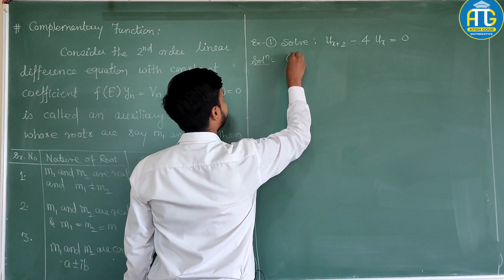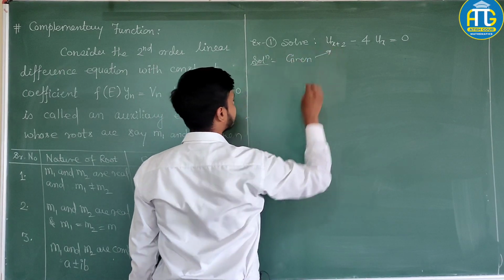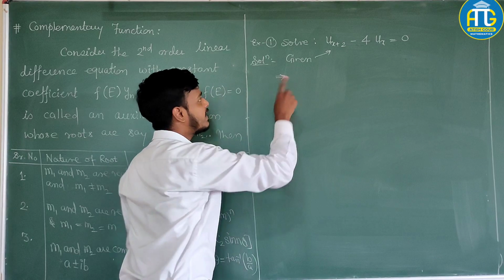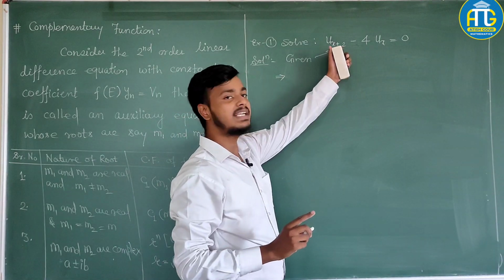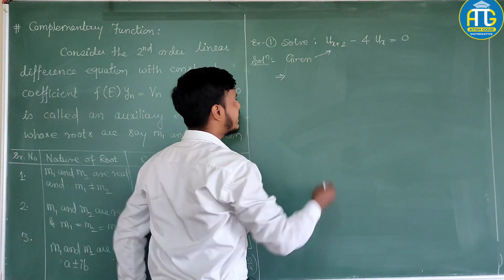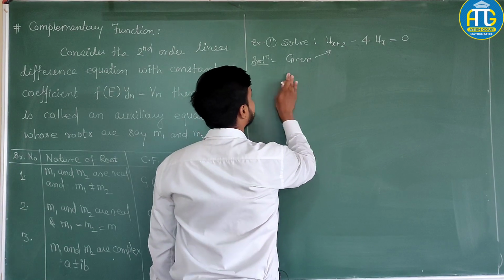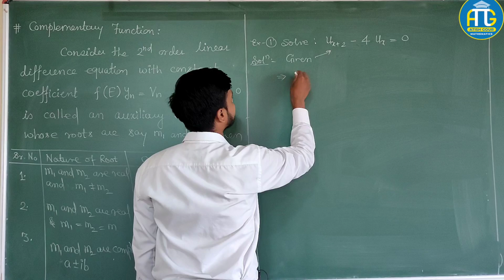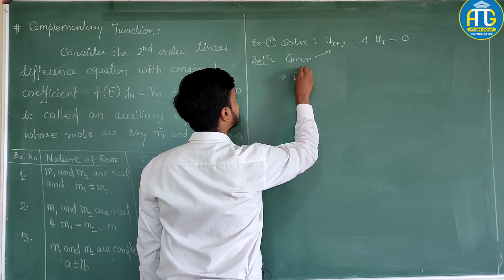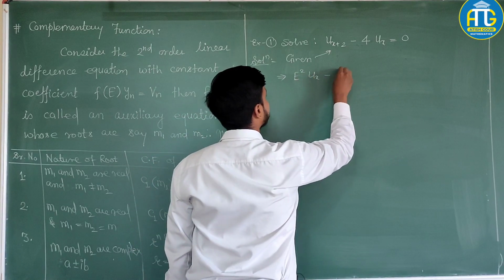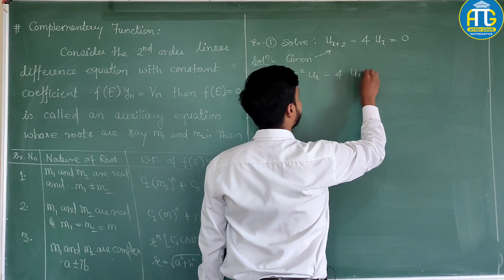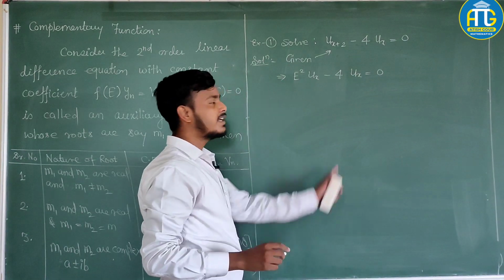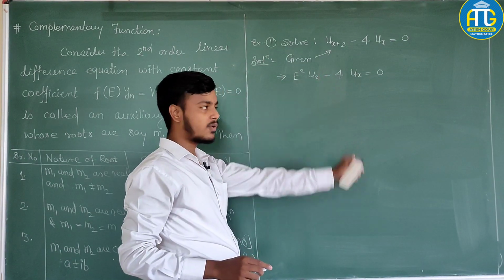We start by writing the given equation. Then we write it in terms of E to get the auxiliary equation. So you can write E square u x minus 4 u x is equal to 0. We have applied the definition of shift operator.